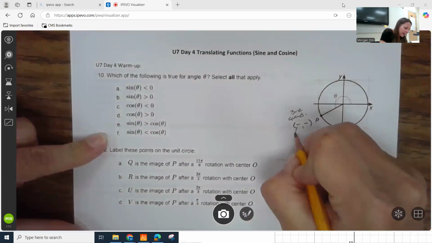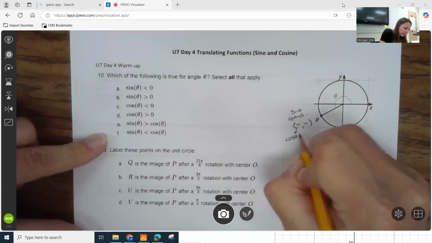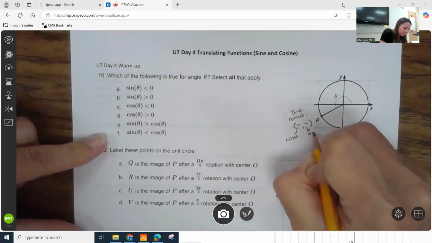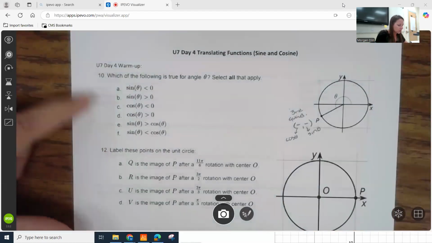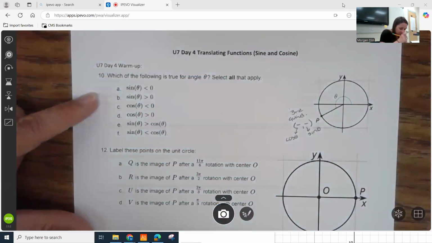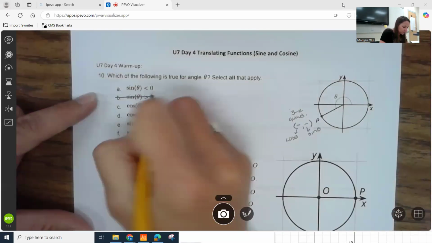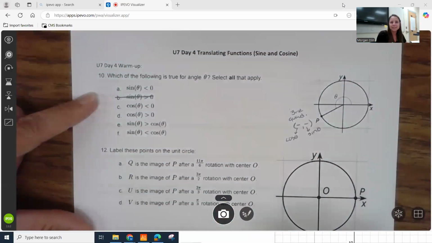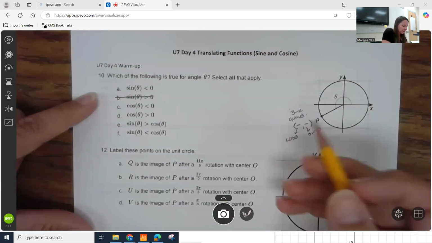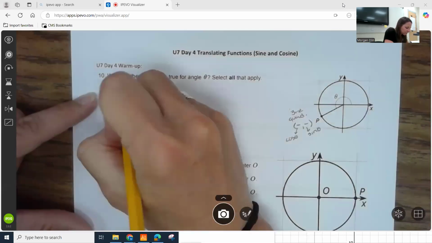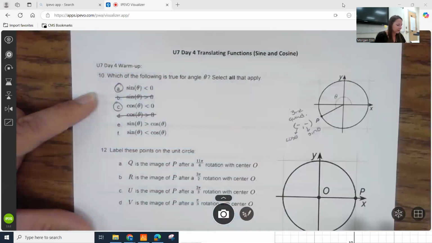Remember, the x is cosine of theta and the y is sine of theta. So the cosine of theta and sine of theta are both negative, so they're not greater than 0, they're both less than 0.